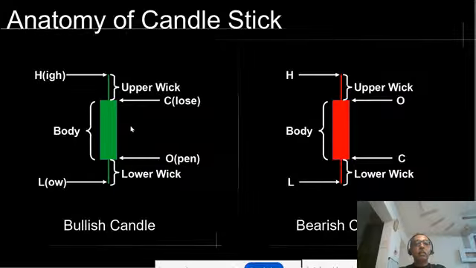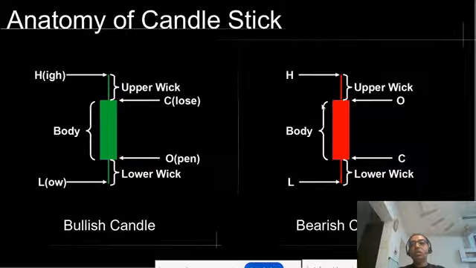During that time frame, it could have fallen down and then moved up and then eventually closed somewhere in between, right? All of that has been captured with these lows and highs. So a lower wick indicates that from opening it has dropped, then eventually gone up until the upper wick, and then closed at the body end. So a bullish candle would be a green candle. Exactly opposite is the bearish candle.